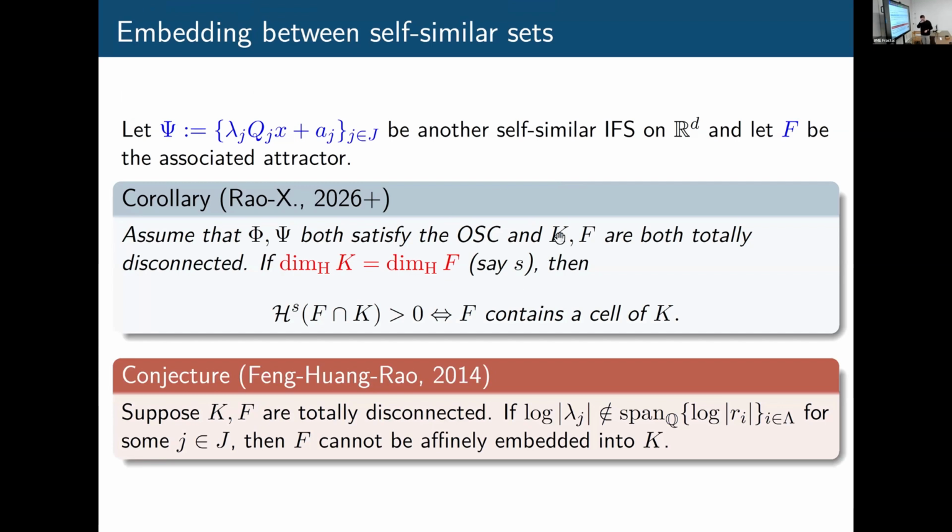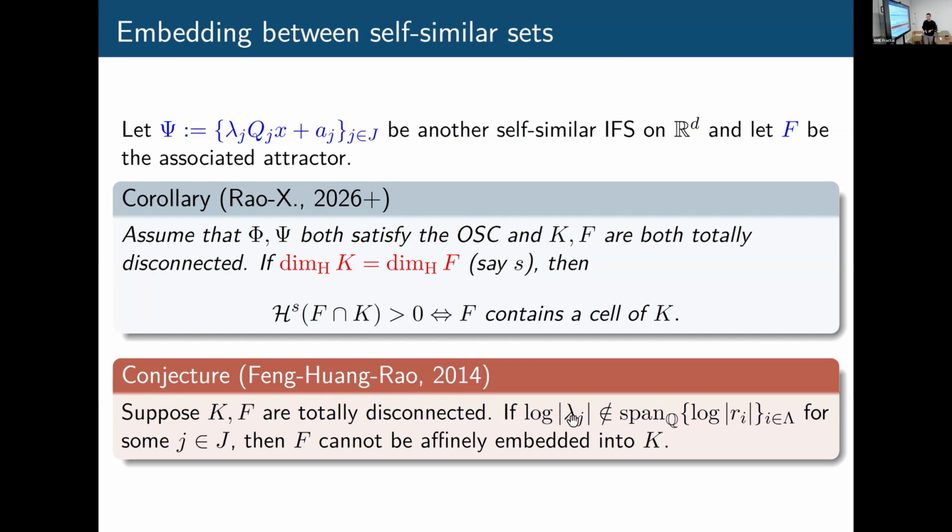Besides this, there is a very famous conjecture posed by De-Jun Feng, Wen Huang, and Hui Rao over a decade ago. Their conjecture is, suppose these two self-similar sets are totally disconnected. Maybe they satisfy the open set condition, maybe even the strong separation condition, it doesn't matter.